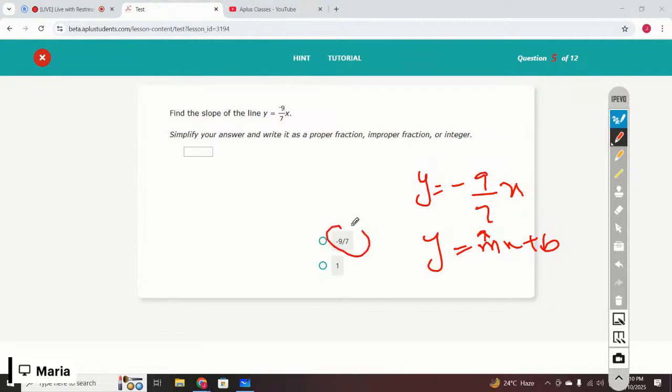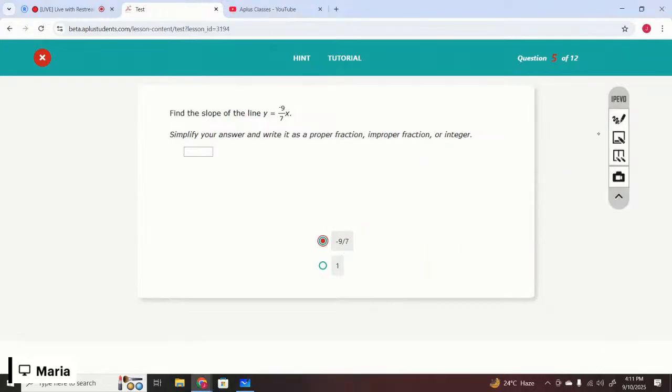So the slope is negative 9 by 7 and b is 0 in the equation. Got it? The correct option is negative 9 by 7.